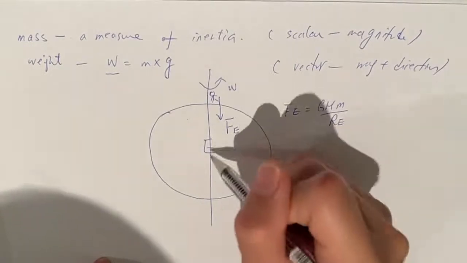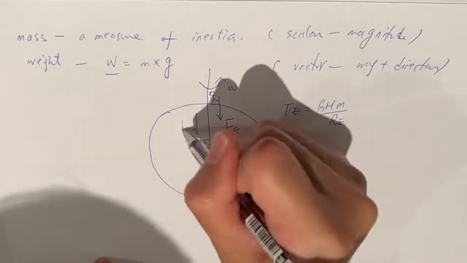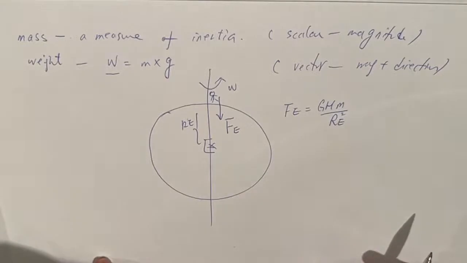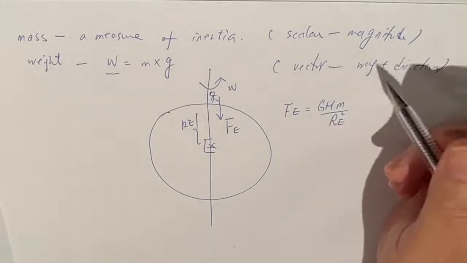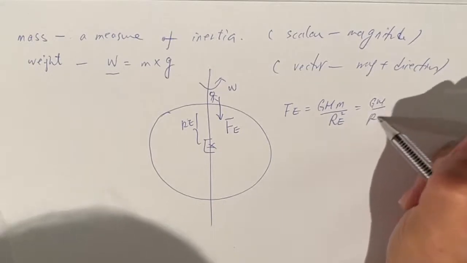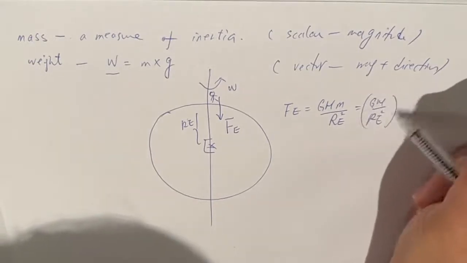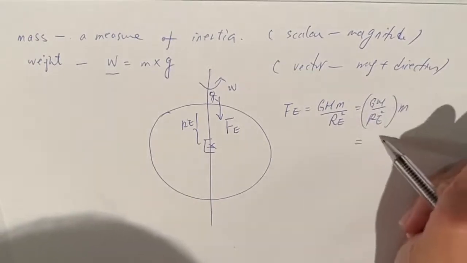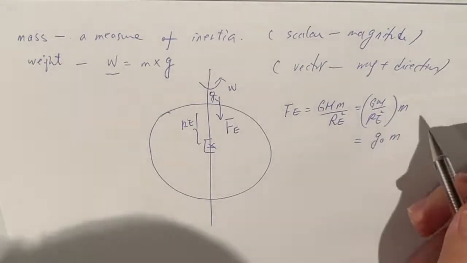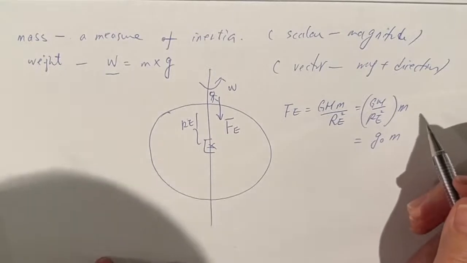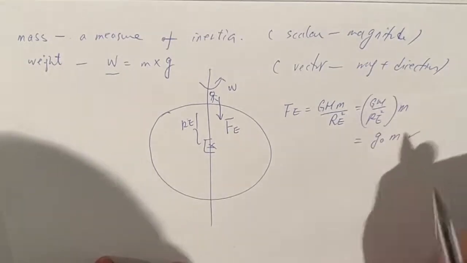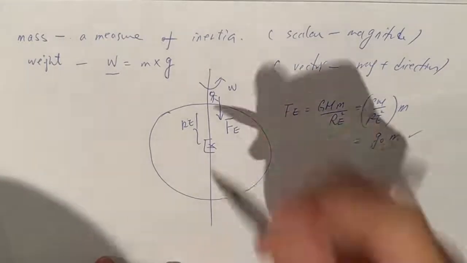Suppose we call the radius of the Earth Re, then we get this formula from the gravitational force. If we rearrange it, then we get this. Normally, we denote it as g naught, the gravity due to the Earth, right? Now, this equation is valid when the person is at the North Pole.